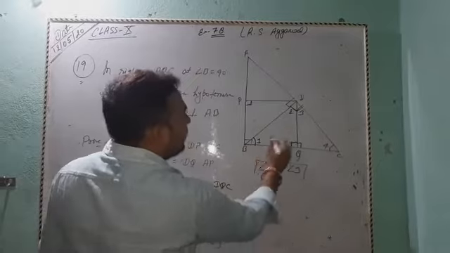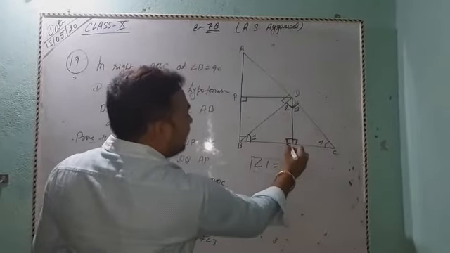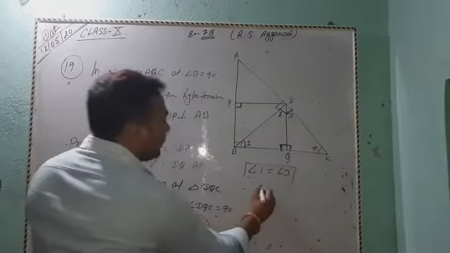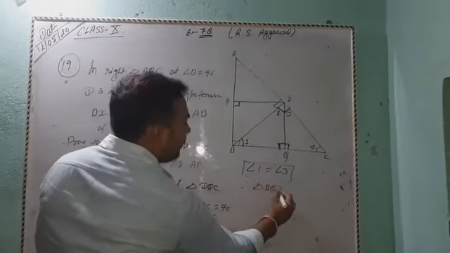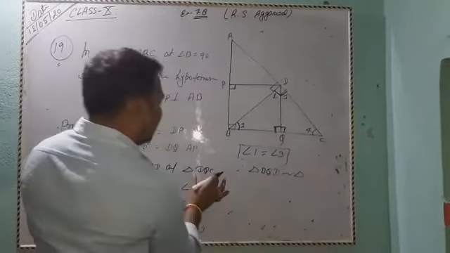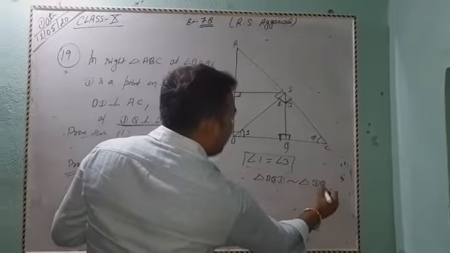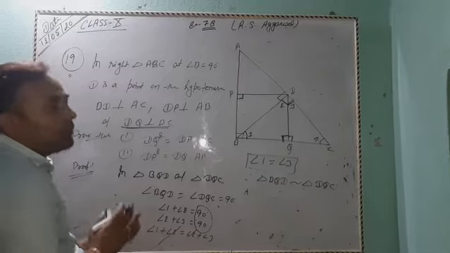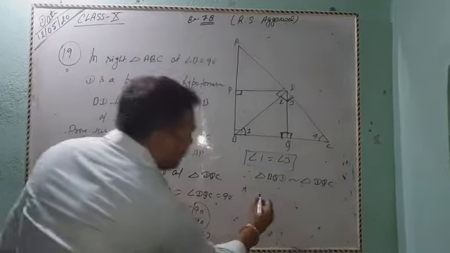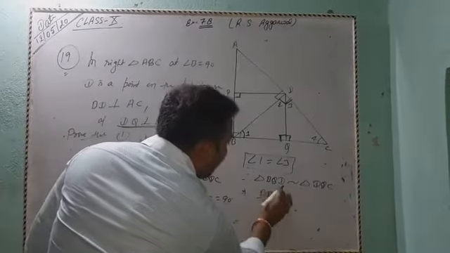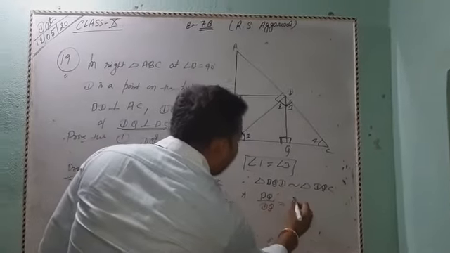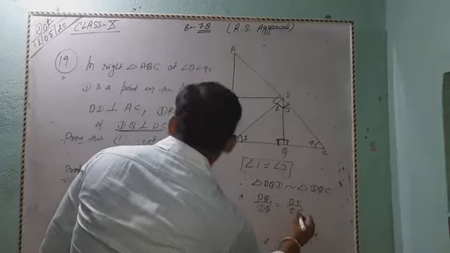So angle 1 equal to angle 3 and these are 90 degrees. Then triangle BQD is similar to triangle DQC. Corresponding sides are proportional. We write BQ by DQ equal to BD by DC.